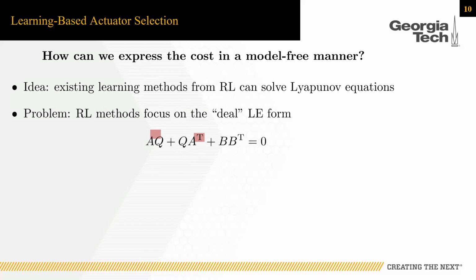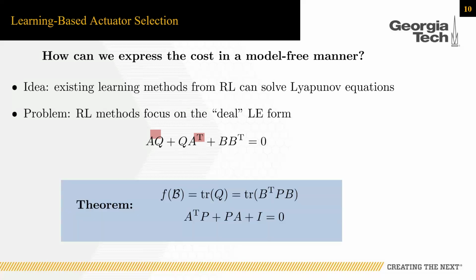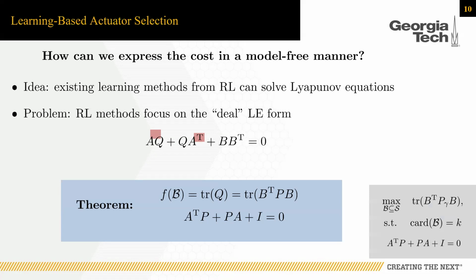Keep that in mind, and you'll see how we can solve this one as well. So this is our first theorem. If the model is known, you find your P and solve it, and then you eventually maximize your F of mathcal B. Here you know the model. I just put it here for information. You'll see how we can do it with learning in a bit.